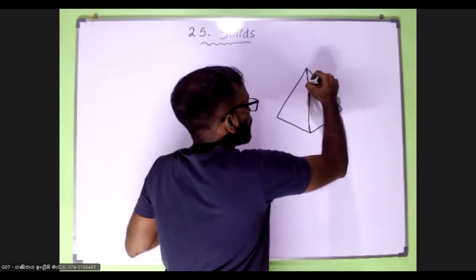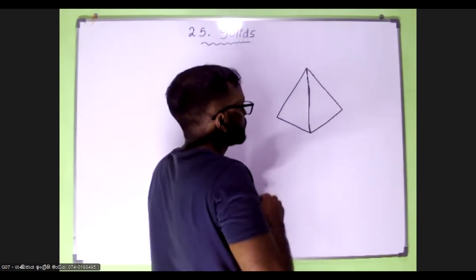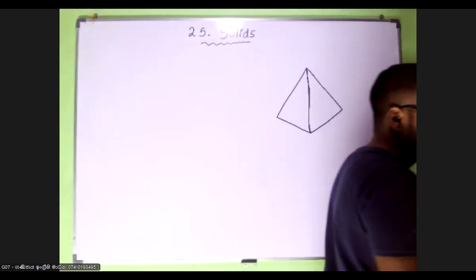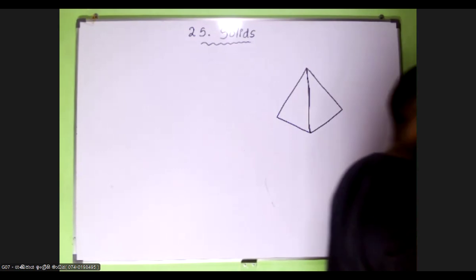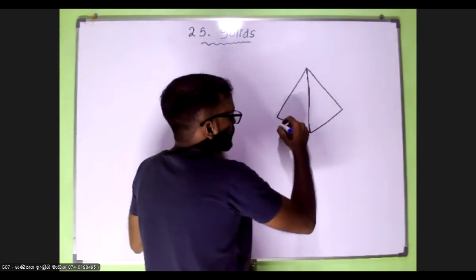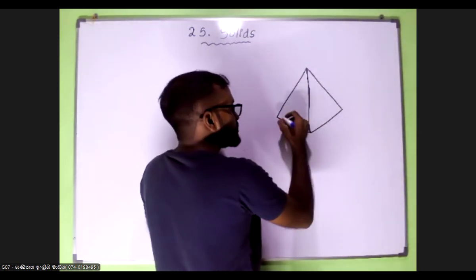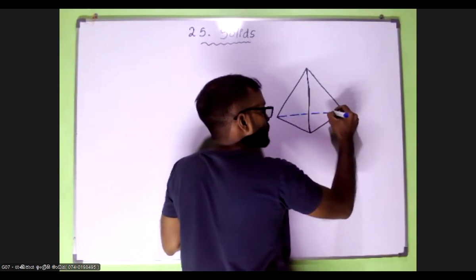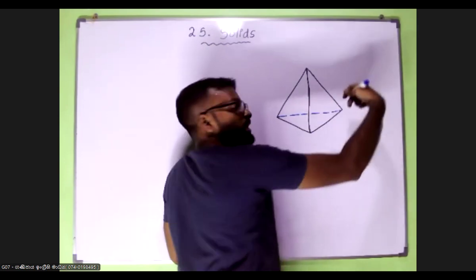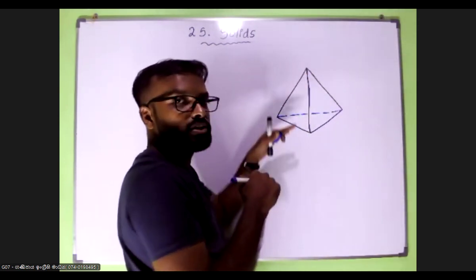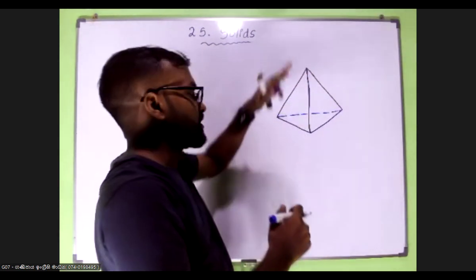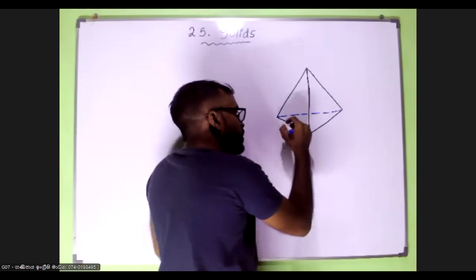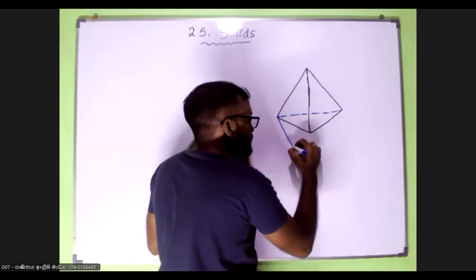And for the one below, I will use my blue color. And it is merged. This is the edge that I cannot see, which is on the other side. I will draw the below one as well. It is something like this.